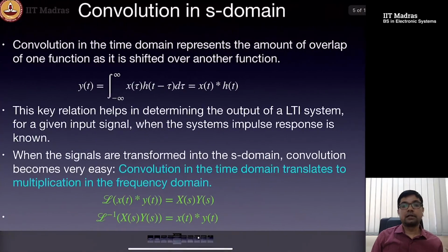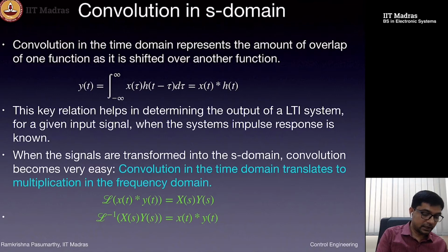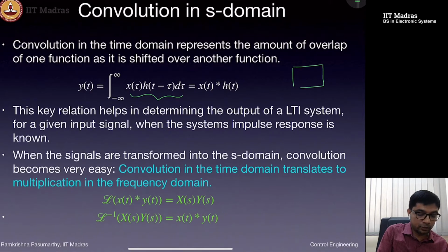Okay, this is nice. One of the important concepts that we learned and spent a little time on was convolution in the time domain. What did it represent? Convolution in the time domain represented the amount of overlap of one function as it shifted over the other function. Mathematically, x convolved with h gave me this expression where I had to solve an integral of this form. Largely, this represents the output of a system h of t given x of t.